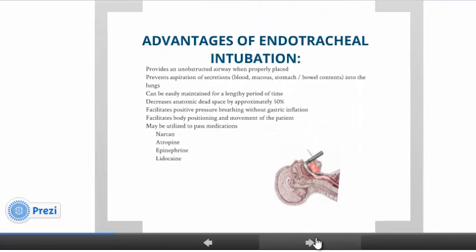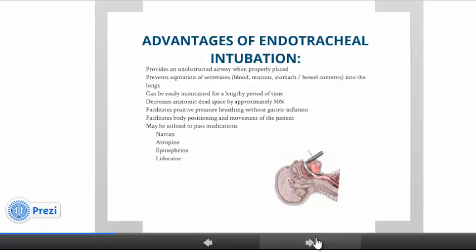There's lots of advantages to endotracheal intubation, but it is very controversial right now. It does provide an unobstructed airway and it prevents aspiration. Those are the main reasons to do it. Using a bag valve mask or an airway device just allows gastric contents to come back up and then be aspirated, causing death, pneumonia, and different types of things.